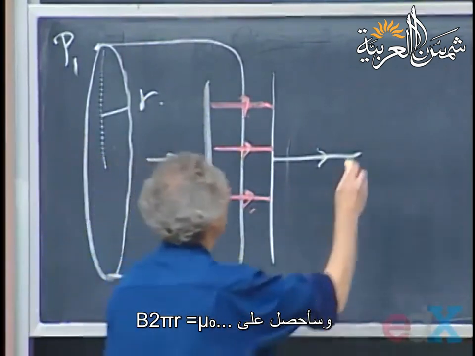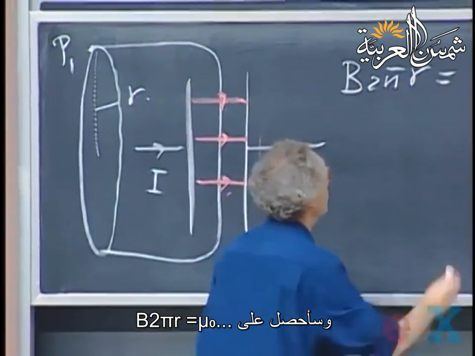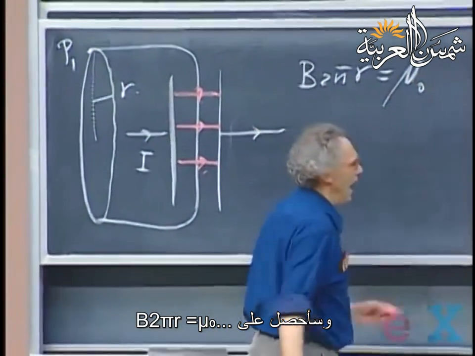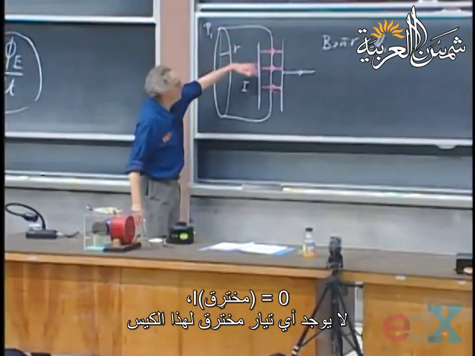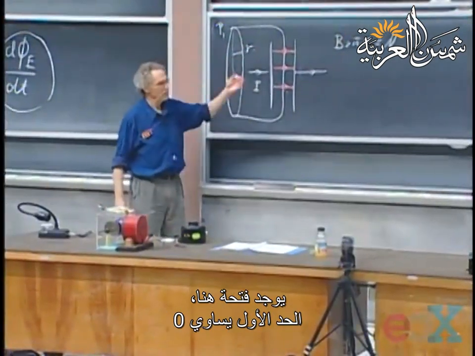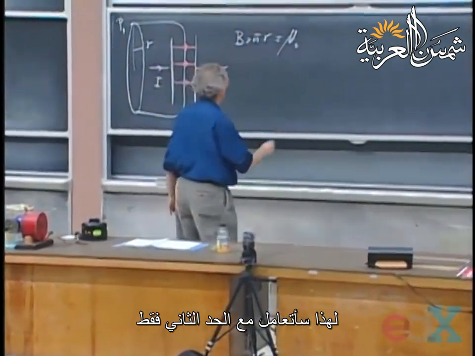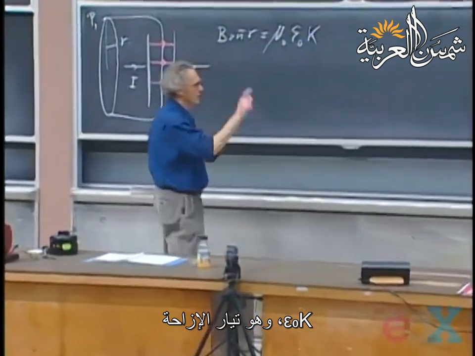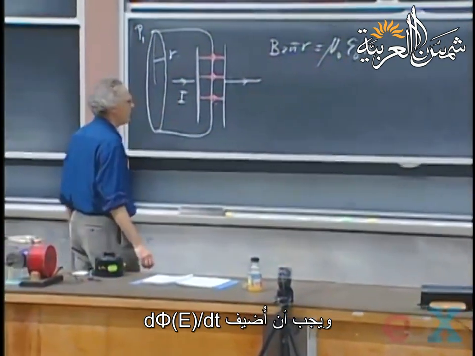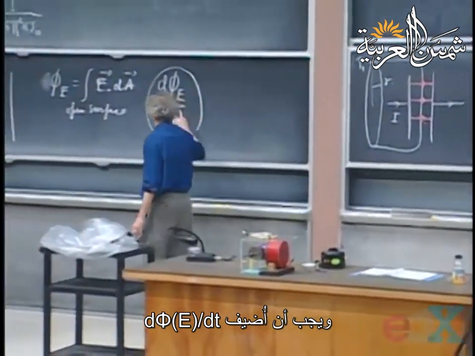And so I get B times 2 pi r equals mu 0 times I penetrating, which is 0. There is no current penetrating through this bag. This is open here. So the first part is 0. So I only deal with the second part, which is epsilon 0 kappa, displacement current. And now I have to put in there d phi E dt.